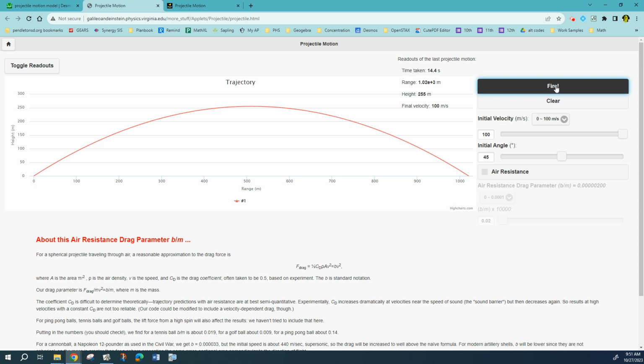What do you think? Somebody give me a number. I was just saying because the range is bigger, I think there's more of a difference. Okay, there's a good theory, good hypothesis. Give me a number. If I add air resistance, it's a tennis ball. So we're dealing with the tennis ball here. If I shoot the tennis ball at 100 meters per second with air resistance, without it went 255 meters.